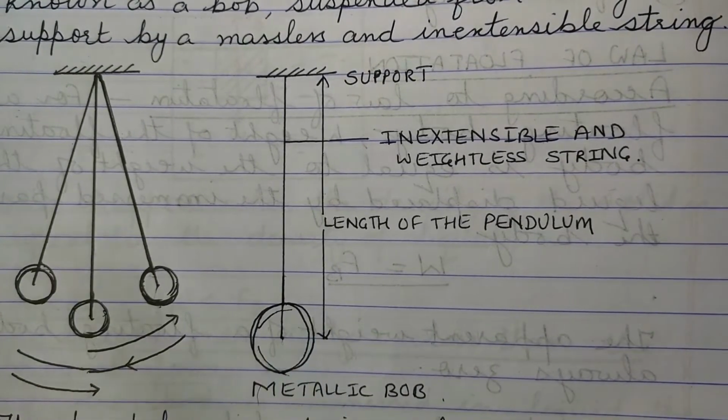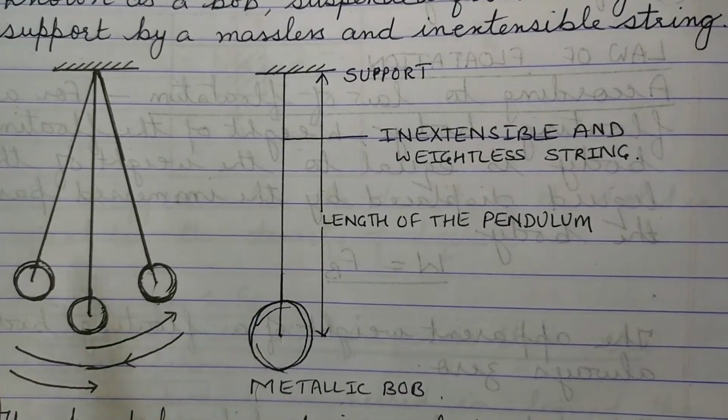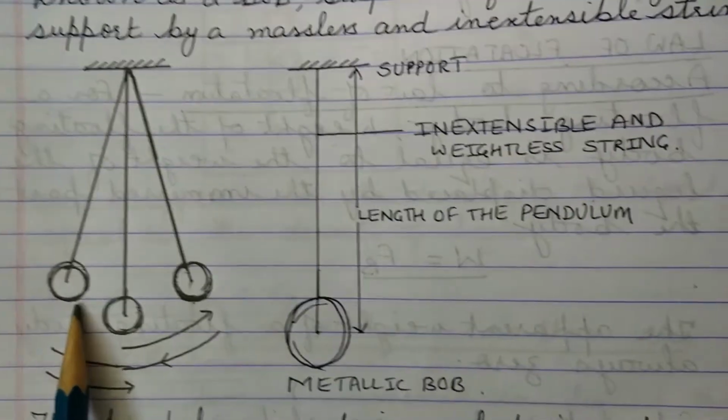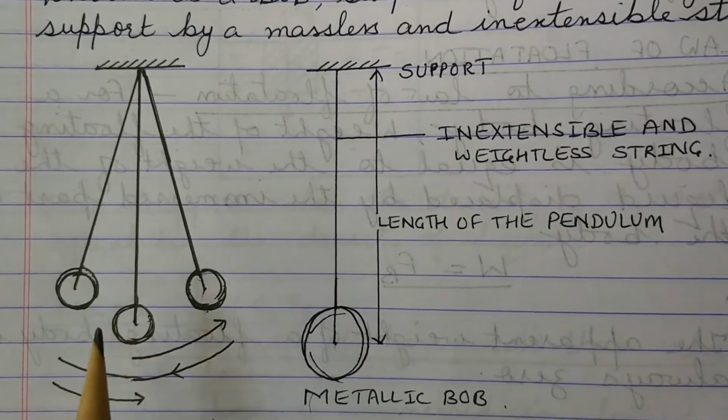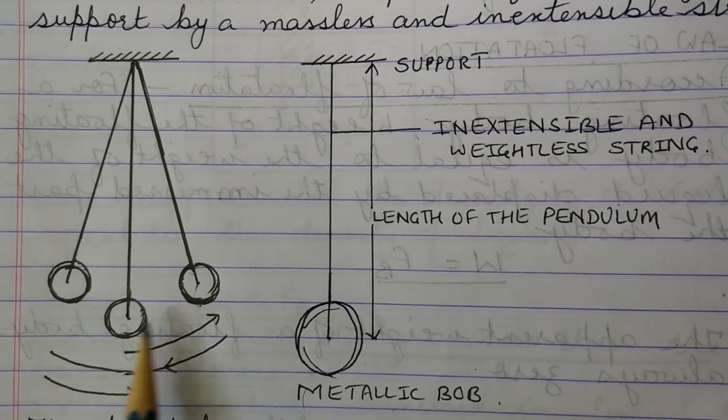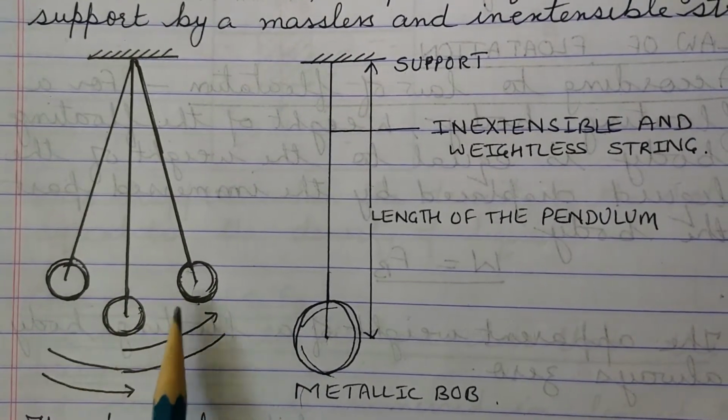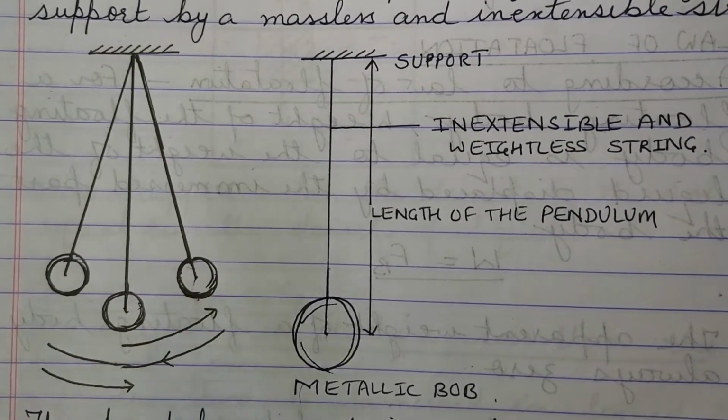But if you have to explain other terms, then we'll be showing this type of diagram where the different positions of the pendulum bob have been shown when it is oscillating.